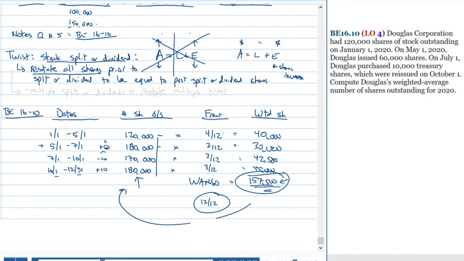So we just multiply them by whatever the split factor or the dividend percentage is. So again, a 10% stock dividend, multiply them by 1.1 to increase them by 10%. For a 3-to-1 stock split, multiply by 3. Obviously, if there's a reverse stock split, if there's a 1-for-3 stock split, we divide them by 3.